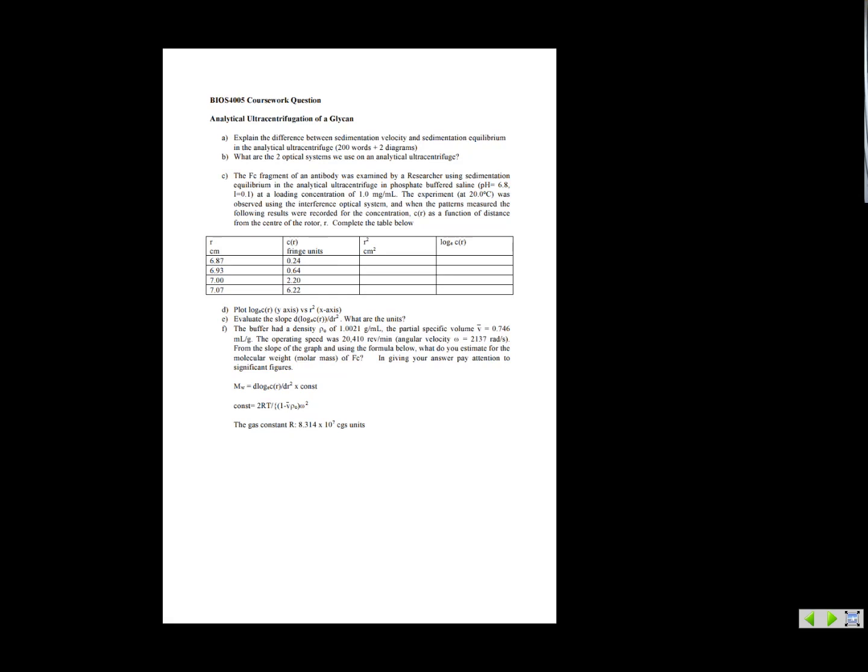You can plot this yourself manually on graph paper, or you can plot it using Excel. But be careful with the settings on Excel, because sometimes it truncates the significant figures when working out a slope. So make sure you have enough significant figures on the setting for Excel. Okay, let's see what you get.